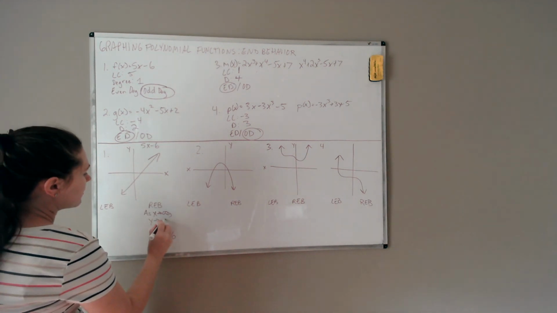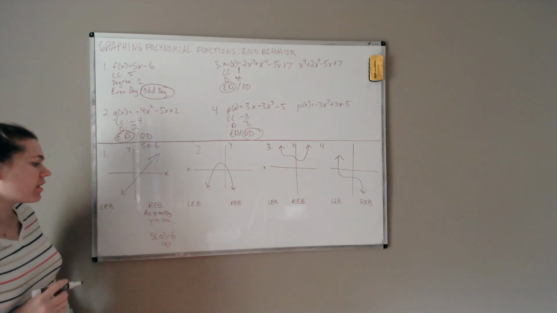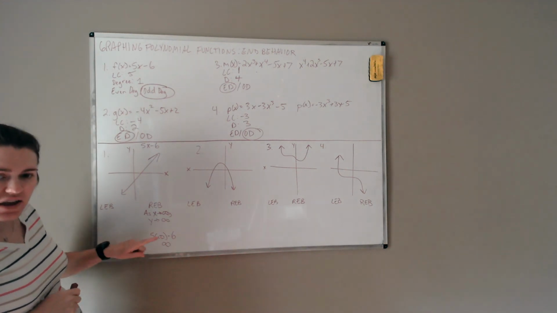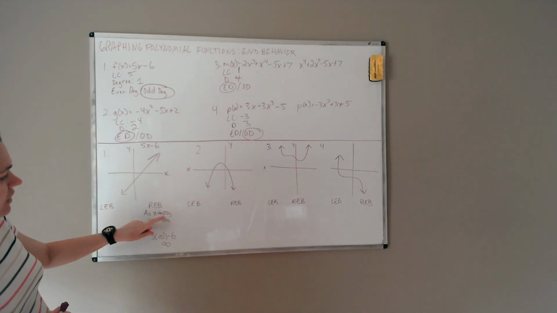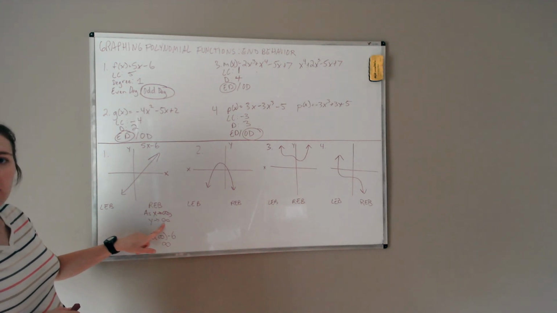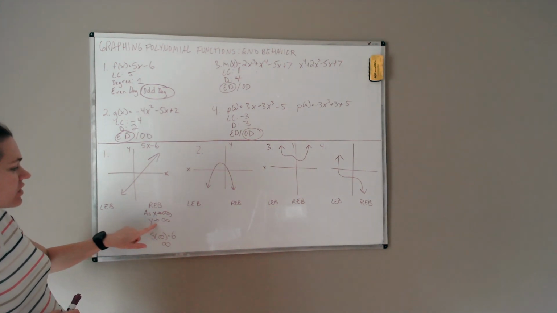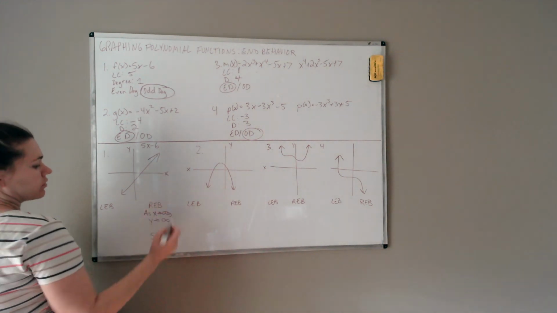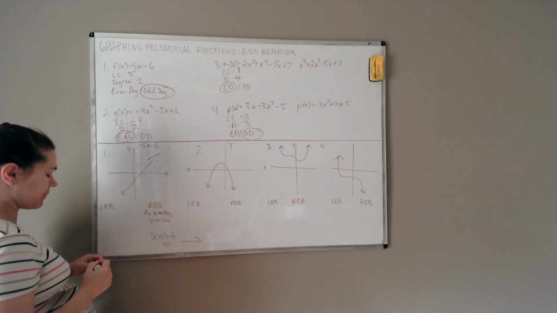Well, the output is getting more and more positive. So what we wrote right here is as x approaches positive infinity, y approaches positive infinity, but you don't use the word approaches, you use the yield symbol. It's an arrow, like that.